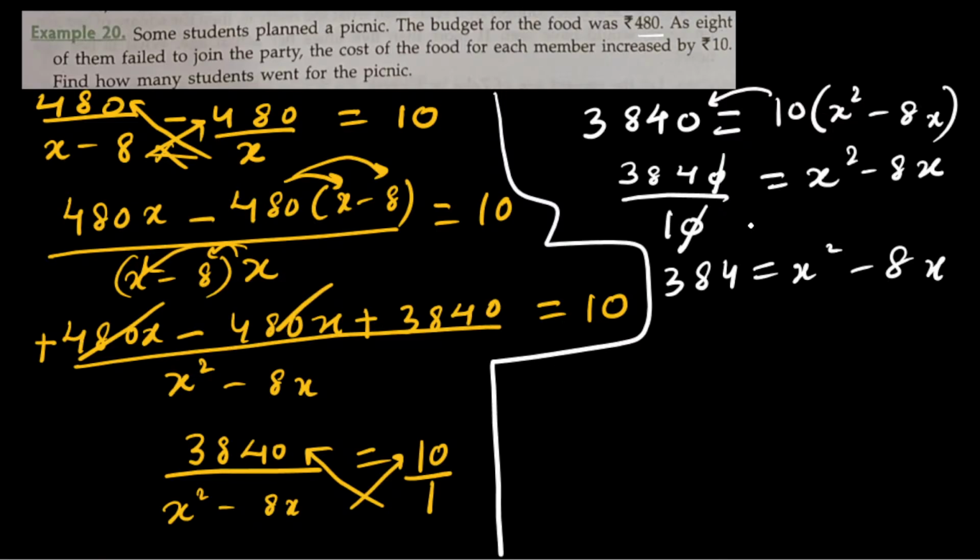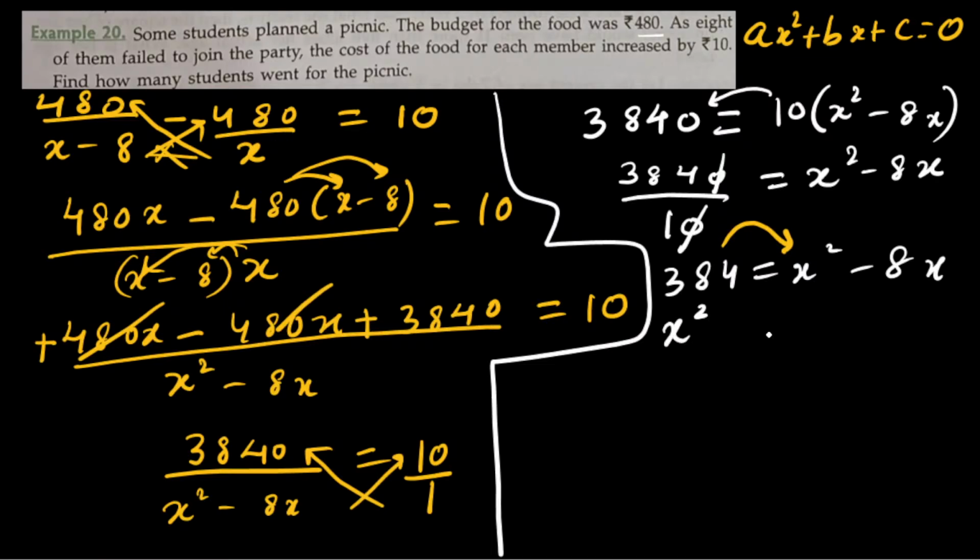Now let's shift, because I have to convert it into the standard form of a quadratic equation. The standard form of a quadratic equation, we know, is ax square plus bx plus c is equal to 0. So that's why I'll just shift 384 to the other side.